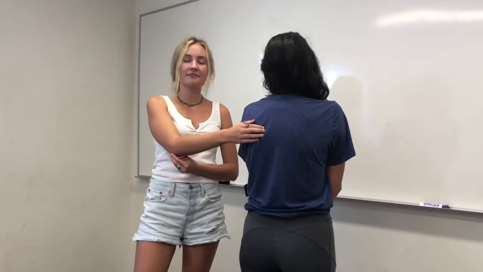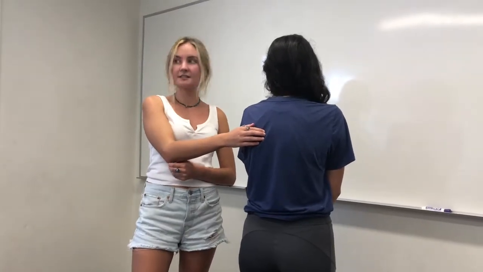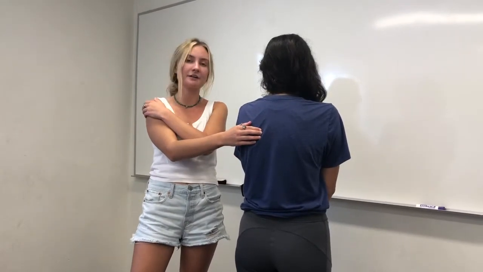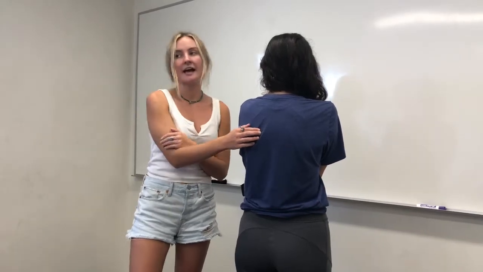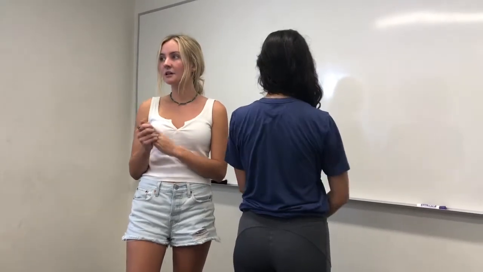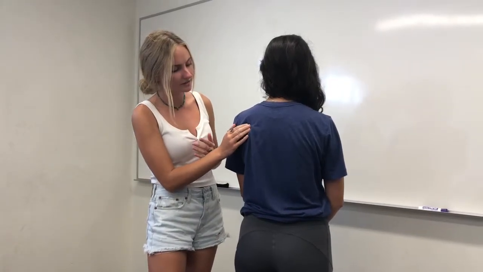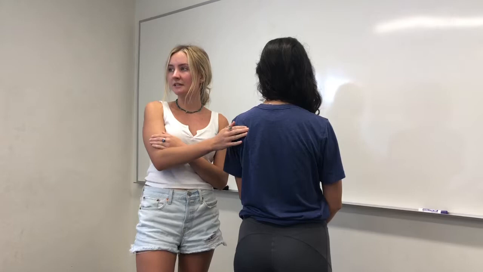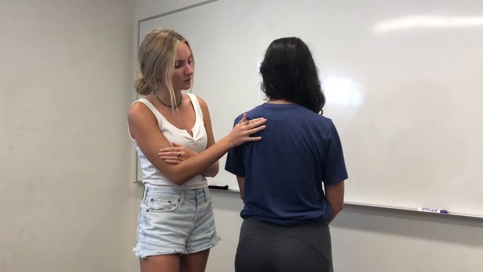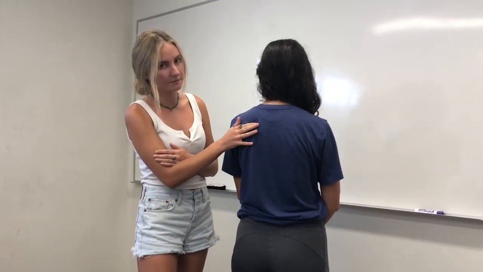And then the significance of the medial border of the scapula is that it's the rhomboid major and minor attachment for retraction. And then lastly, we have the spine of the scapula. So you want to place your hand on the lateral superior aspect of the scapula and then move it medially along the bony structure that resembles the spine of the scapula.